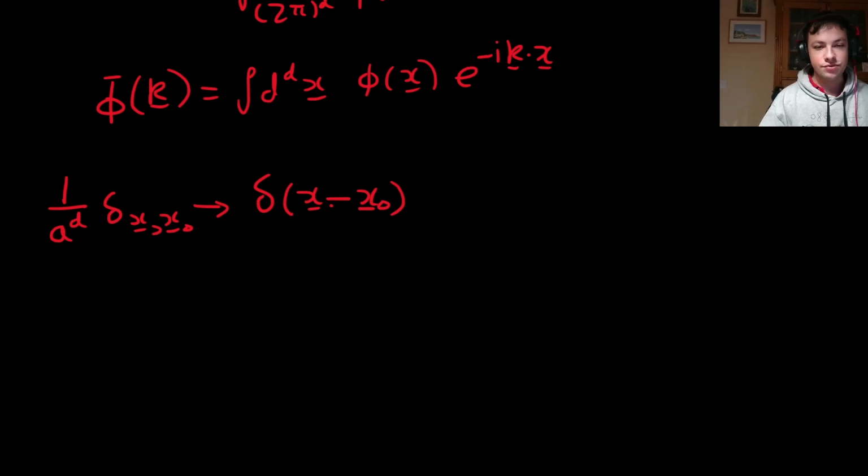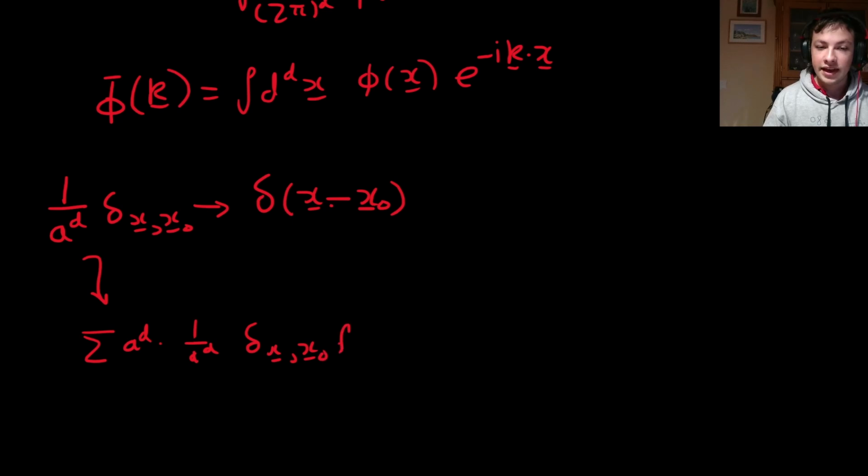It's not really a function, it's a distribution, which has the property, basically, if you plug this into something, the sum of a to the d times 1 over a to the d delta x, x naught, f of x.